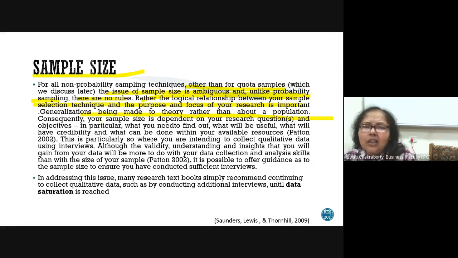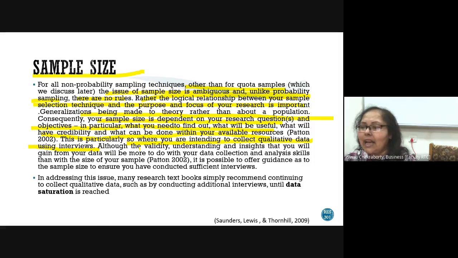Consequently, your sample size is dependent on your research questions and objectives in particular. What you need to find out, what will be useful, what will have credibility, and what can be done within your available resources. And this is particularly so where you are intending to collect qualitative data using interviews, right?